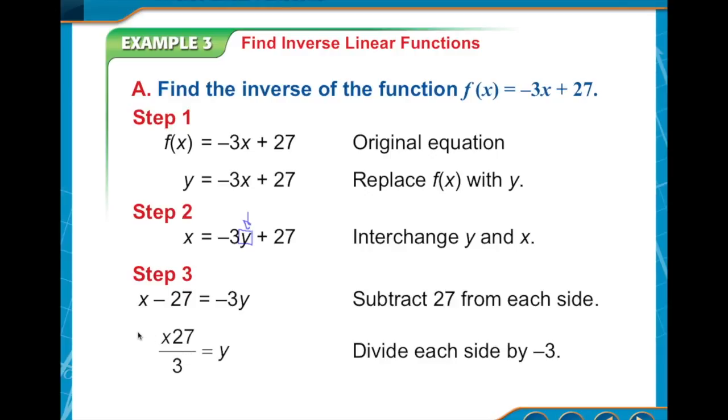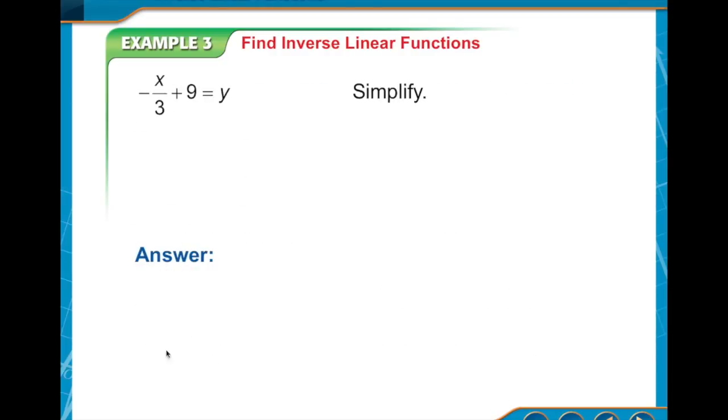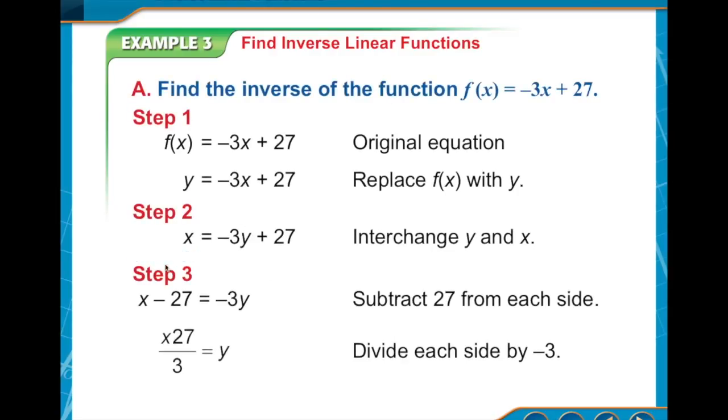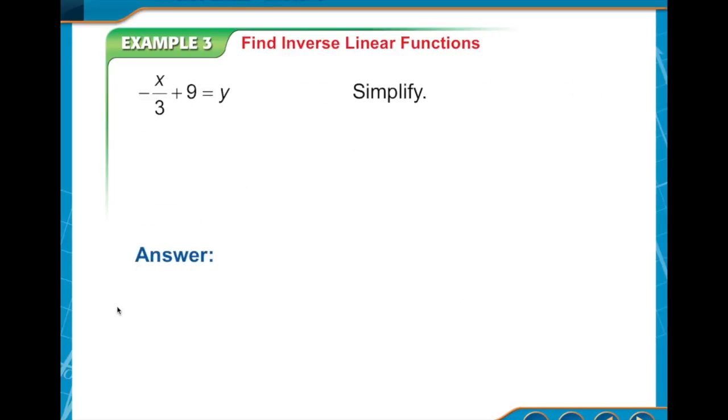So y would equal x minus 27, all divided by negative 3. So at this step, we divide everything by negative 3. That's going to get us here. X over 3, we have the negative, plus a positive 9. That equals our y value.